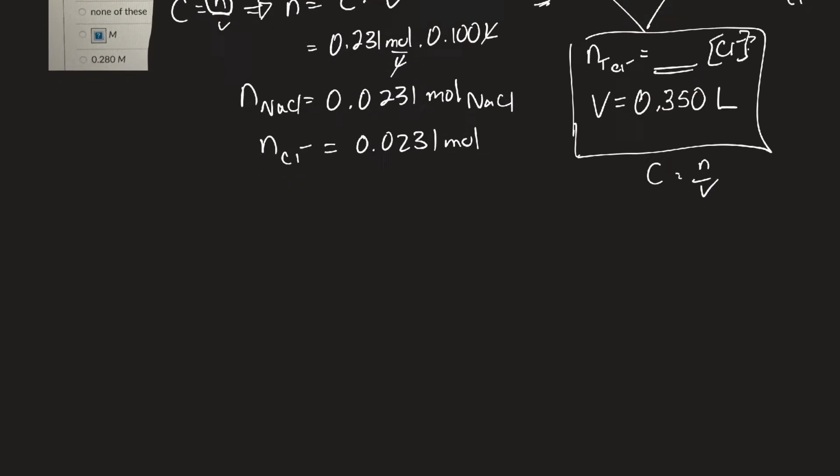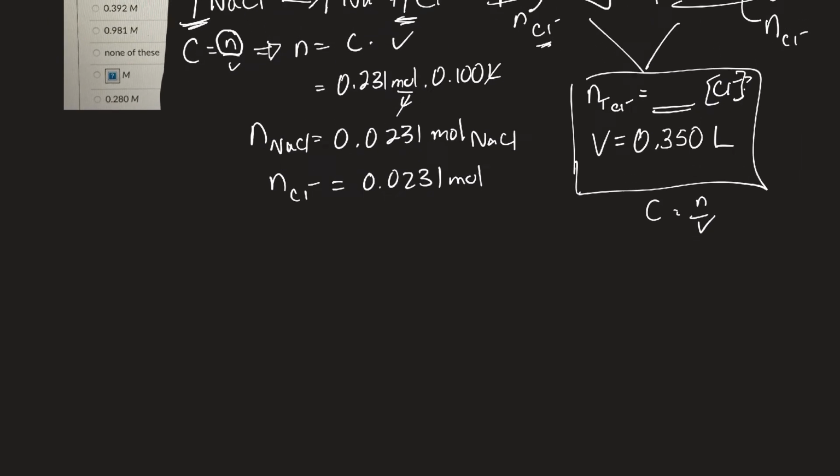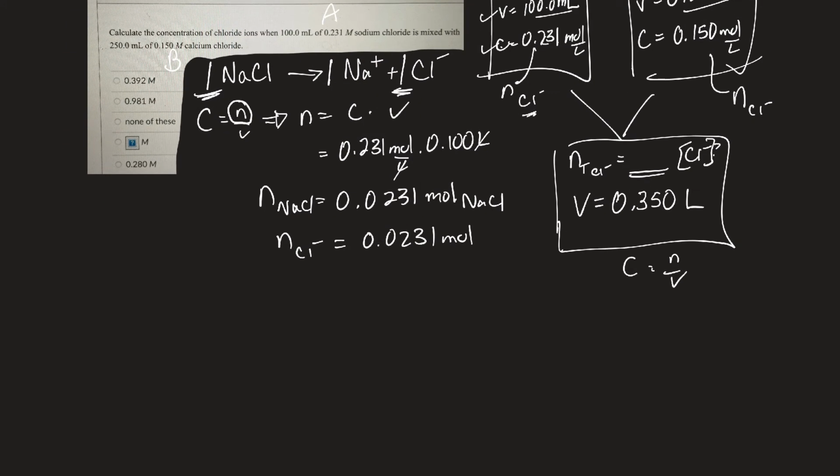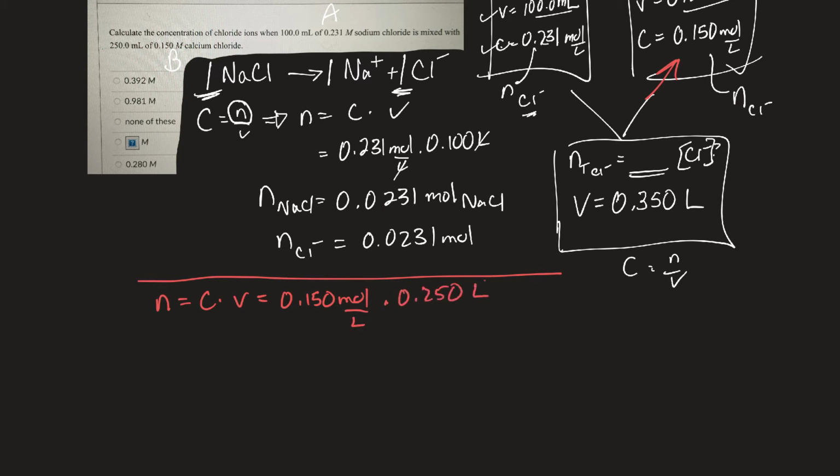So now, I want to be able to see more stuff up there. There. Okay, so now let's figure out the moles of chloride ions from this one. So, let me just put an arrow here. I'm going to use the same formula. Moles is equal to concentration times volume. The concentration of the second one is 0.150 moles per liter times the volume, 0.250 liters.